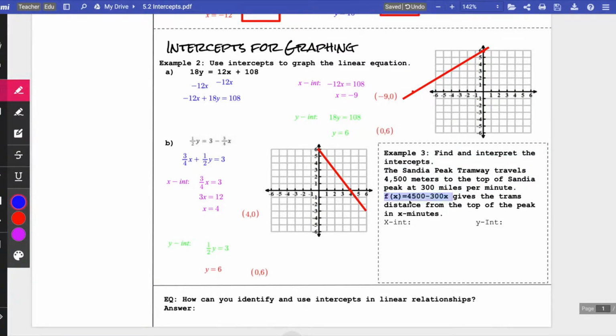So this function is actually describing the distance the tram is from the peak, which is what it says. And x represents minutes. So if I find the x-intercept, we're going to try to identify what it is that I'm finding. So if I plug 0 in for y, what do I find?